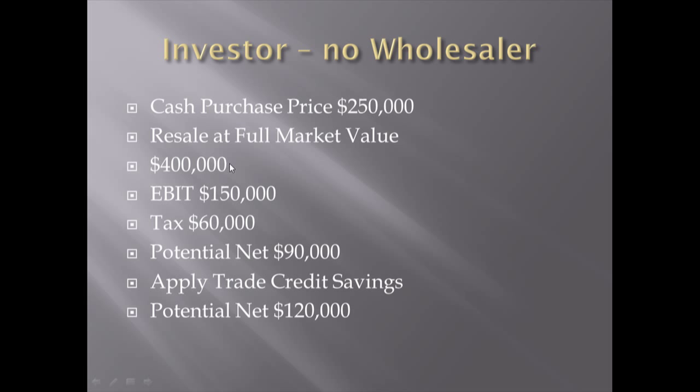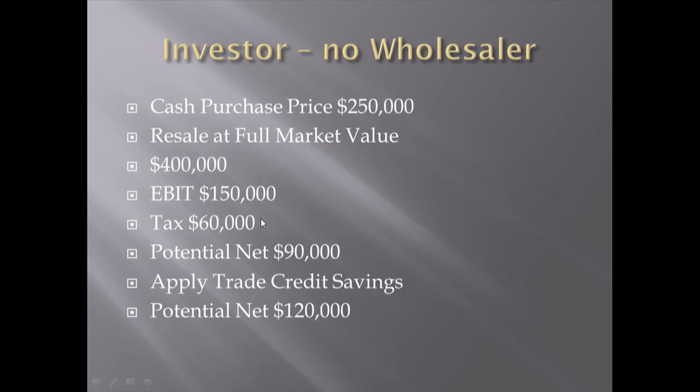It is not a dodgy figure, it's a real figure, and it's a figure that lenders will also be prepared to lend on, provided the contract is not discounted. The earnings before interest and tax, accounting speak, EBIT, is 150 grand.